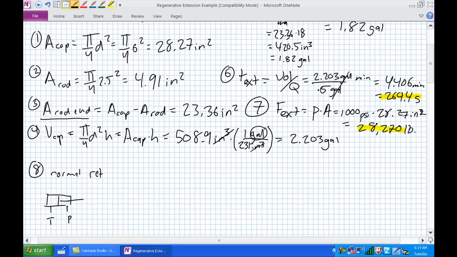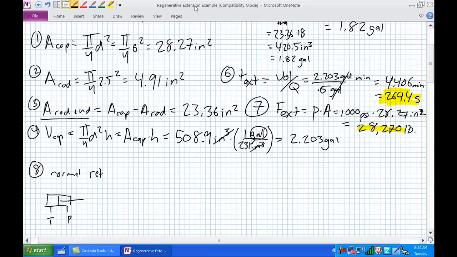So pressurized flow is entering our rod end, and it's trying to fill up that cylinder with the rod removed. So one would expect our retraction time to be a lot shorter than our extension time of 264, which we just figured out. Conversely, we would also expect our retraction force to be significantly weaker, because if we're still limited to 1,000 psi, we've got a smaller area because the area of the rod is removed. Okay, so let's go ahead and see if that is true.